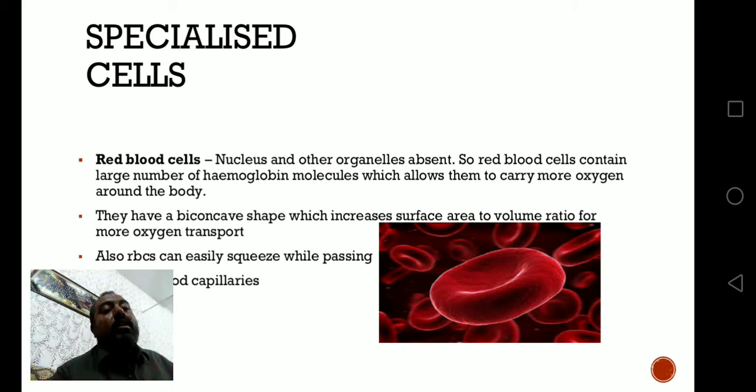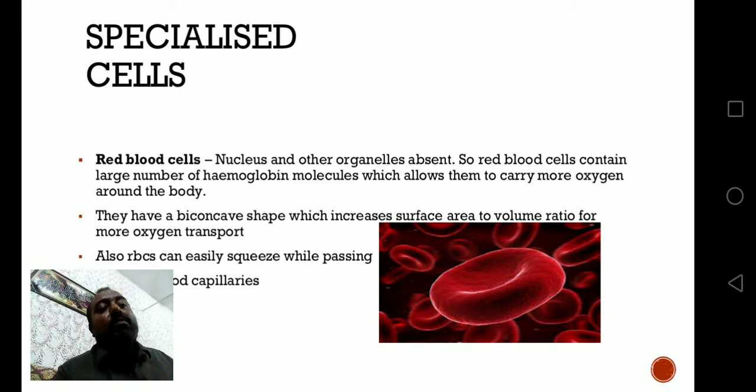So if the cell is lacking nucleus and other organelles, it means this cell has more space to accommodate maximum number of hemoglobin molecules.